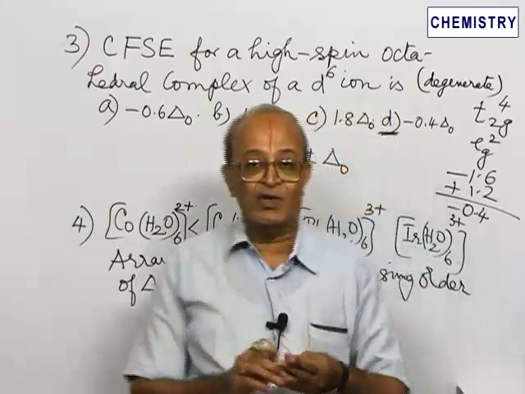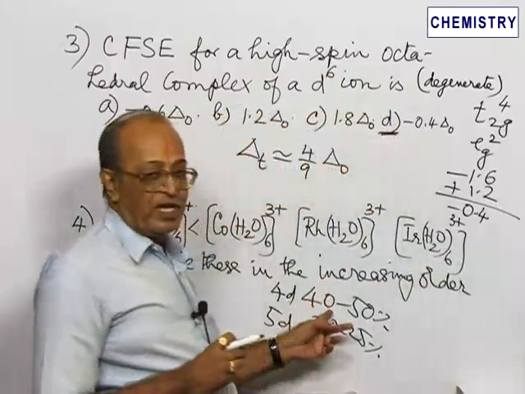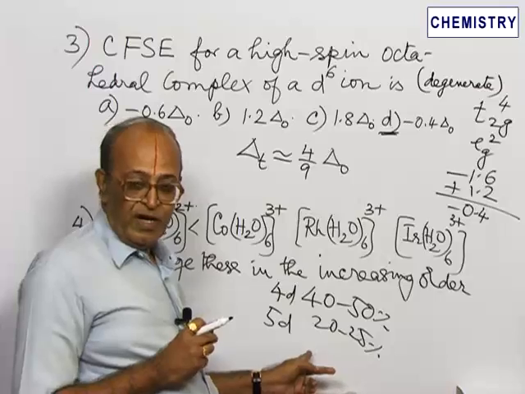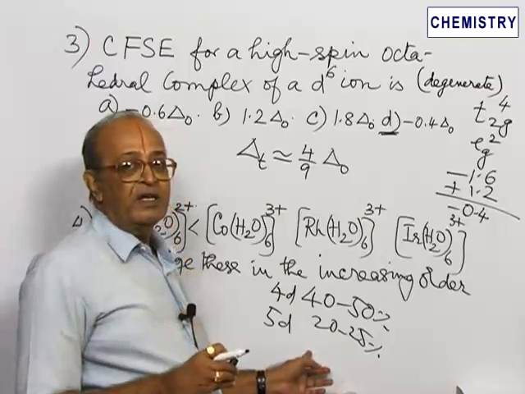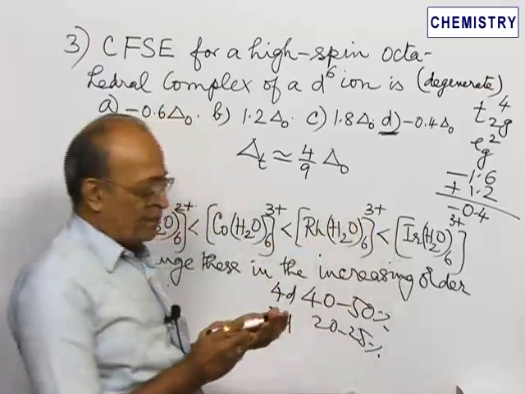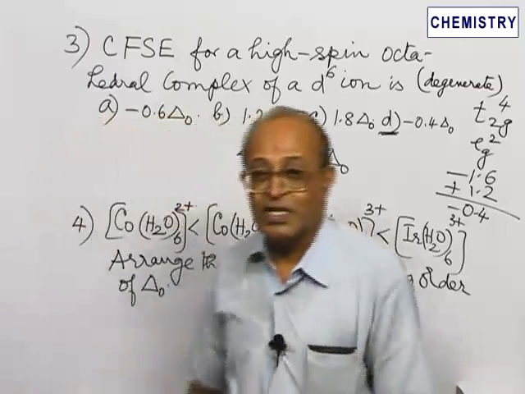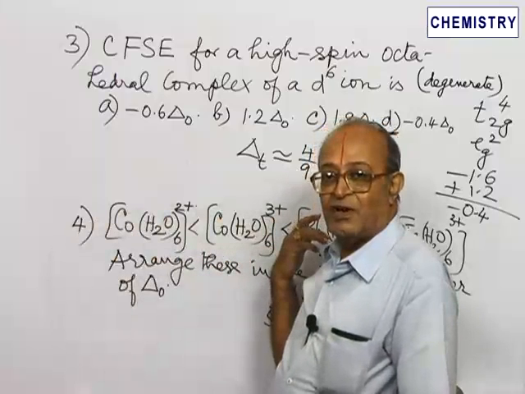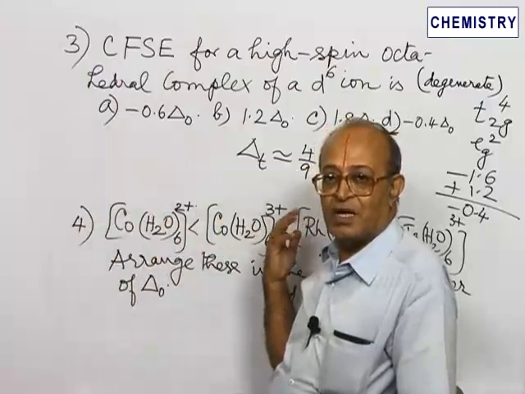I have already told you from 3D to 4D there is an increase in delta O. Similarly from 4D to 5D there is again increase in delta O. So if I write like this, this is the increasing order of delta O in the case of these 4 complexes.